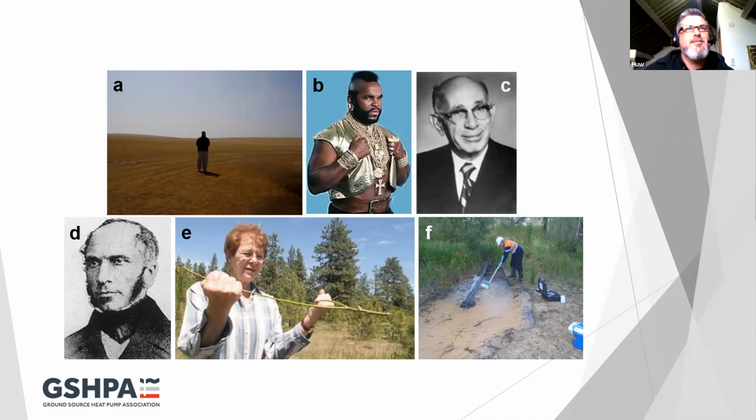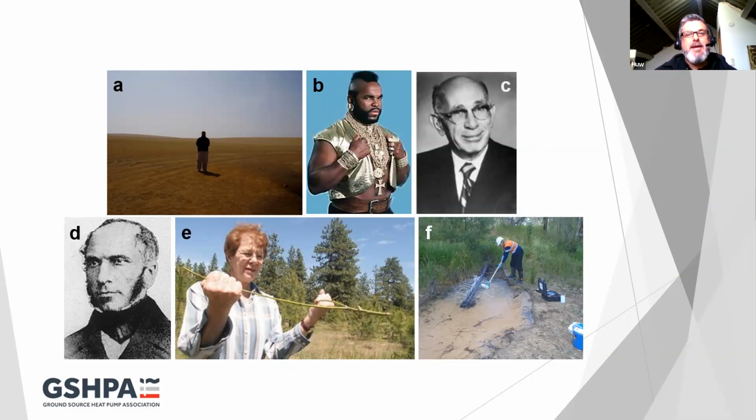Photo C is Charles Tice. He's a hydrogeologist who resolved some of the issues around groundwater flow to a well. Henri Darcy is a Frenchman who empirically resolved some of the questions about how water flows through porous media when he was researching how to get clean water to the fountains of Dijon in his native France.